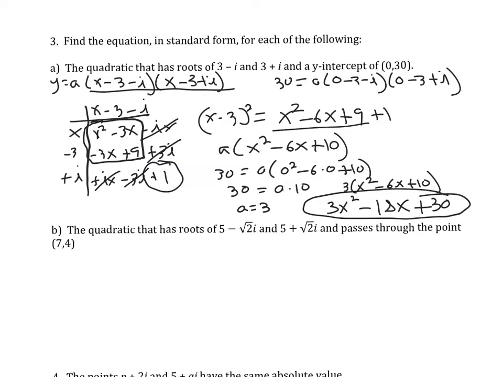A couple things to make note of is that whenever we're multiplying an x minus one root and an x minus another root where the two roots are conjugates, we always end up with this piece here as a perfect square trinomial, and then we have to add on the product of whatever we have here and here.